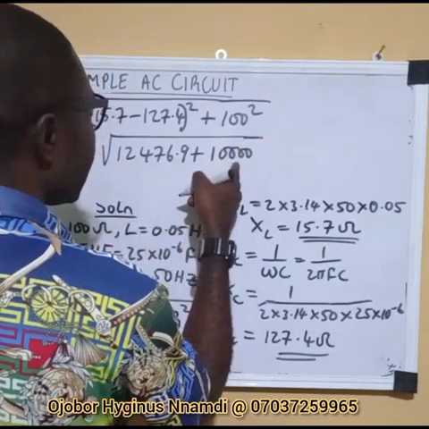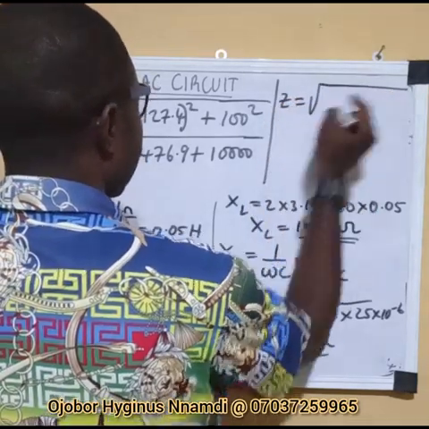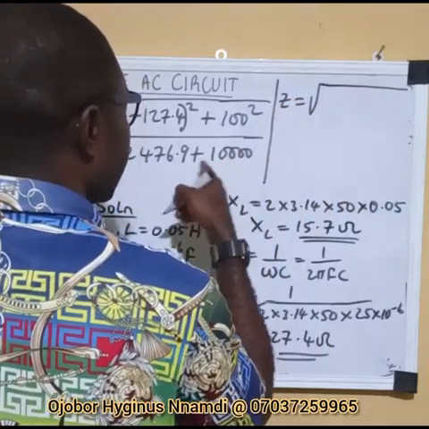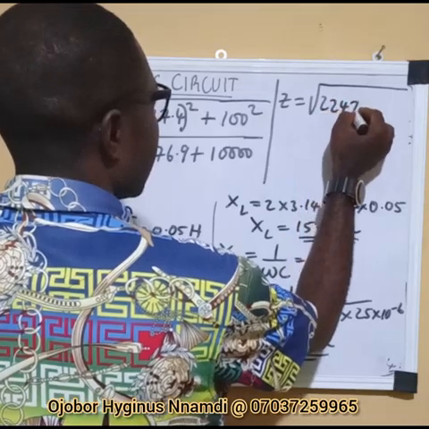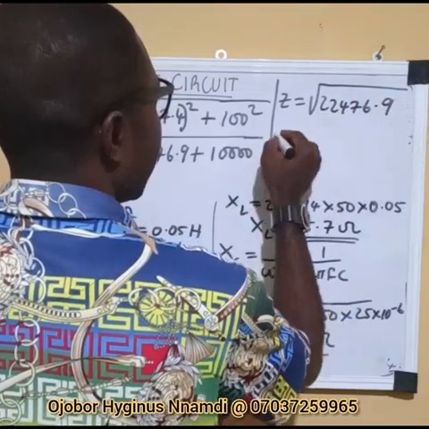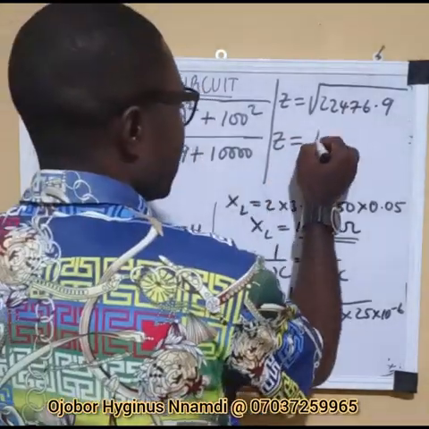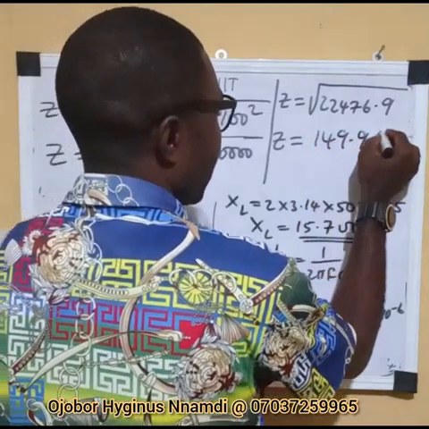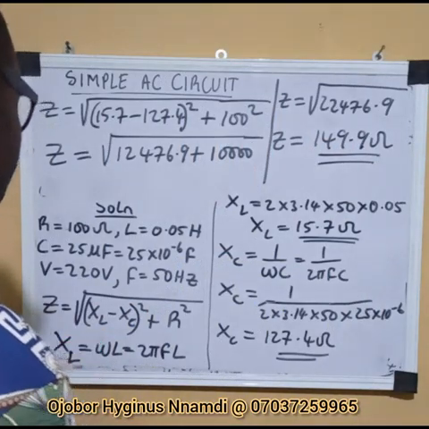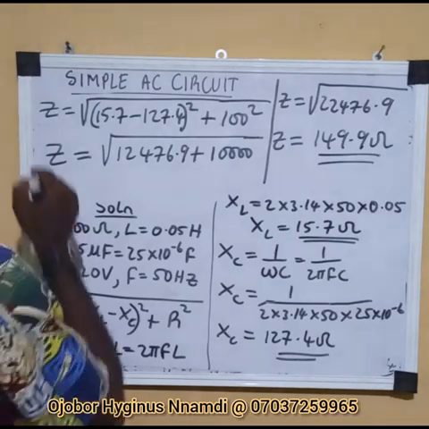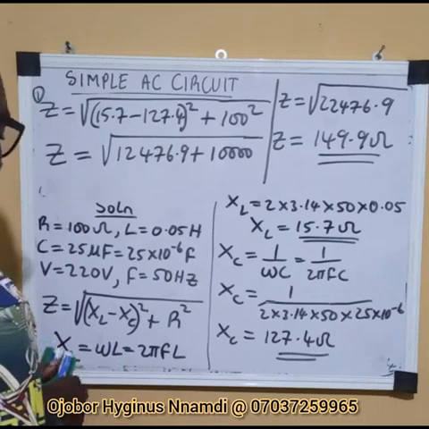If you add 10,000 to this, we have 22476.9, and the square root of 22476.9 is equal to 149.9 ohms. So this is the impedance. From the impedance, we can now get the current. Remember, we were to find the impedance and then the current. We have gotten the impedance.